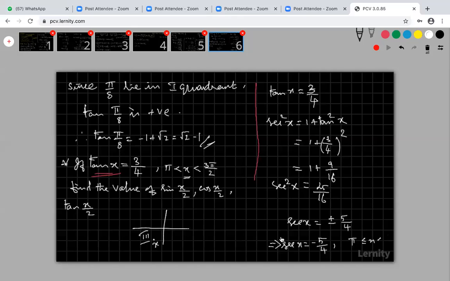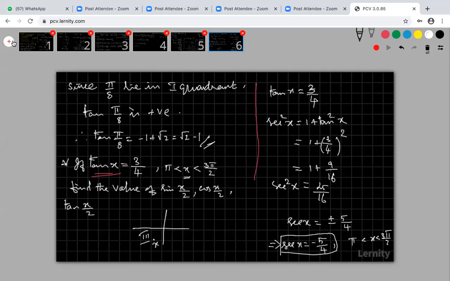Okay, this is my secant x, but I don't want secant x. I want cos x by 2, sin x by 2, tan x by 2. If this is secant x by 2, then we can easily find out cos x by 2, because the reciprocal is cos x by 2. But I don't know the secant x by 2. I know only secant x. Okay, right.